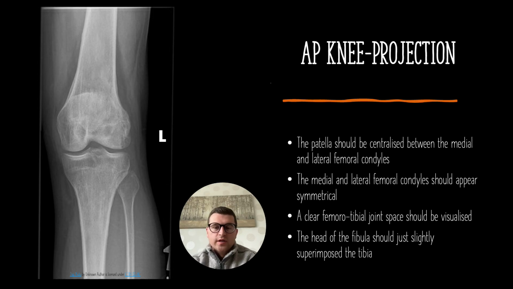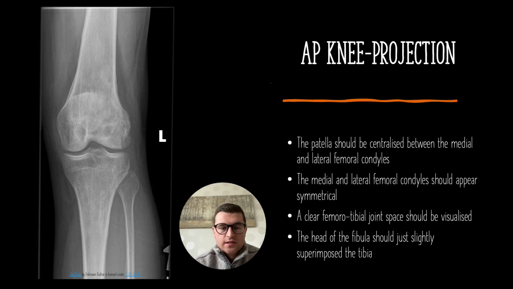So we have then, as radiographers, to be able to understand if our AP is a true AP. So we assess the projection of the image. Does it look like a true AP knee image should? To assess this, we are checking, is the patella centralized between the medial and lateral femoral condyles?